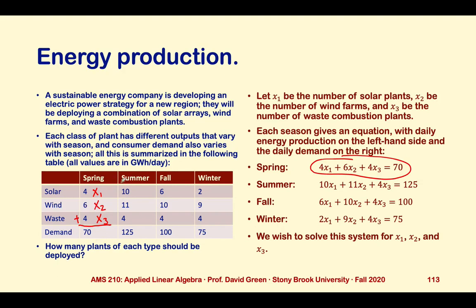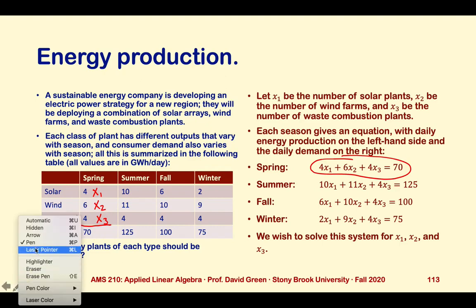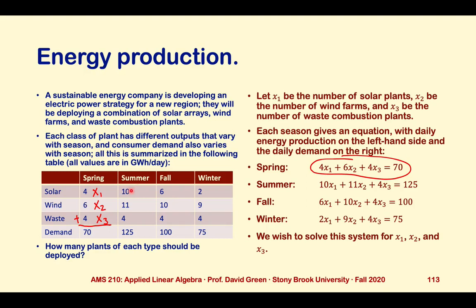In order to get the equations for summer, fall, and winter, we take exactly the same sort of idea. 10 times x1 plus 11 times x2 plus 4 times x3 equals 125. That's our second equation.